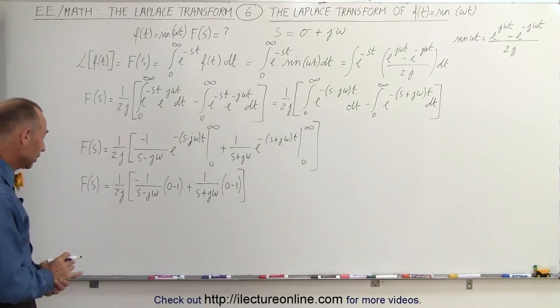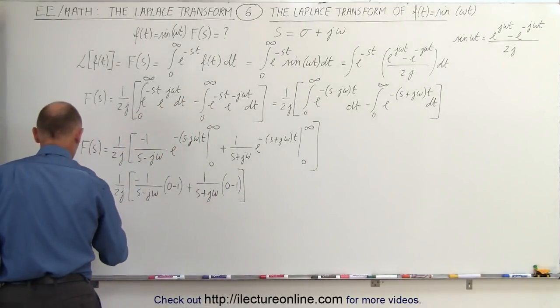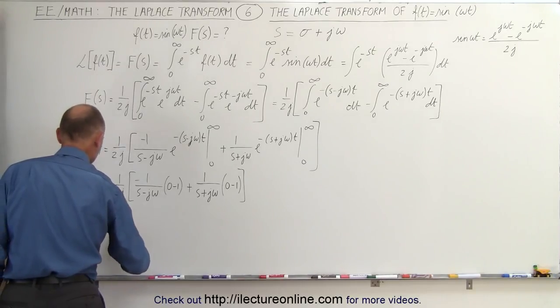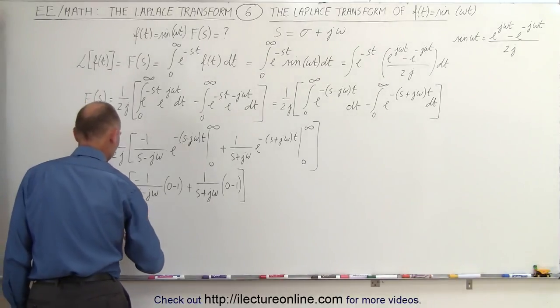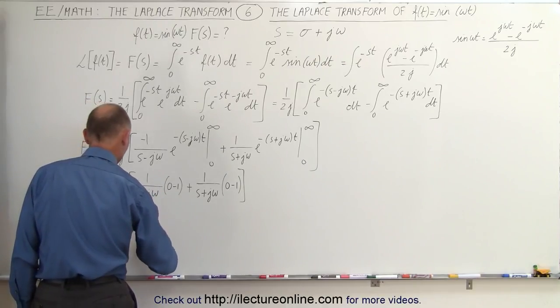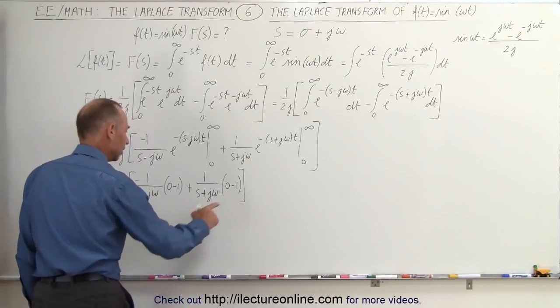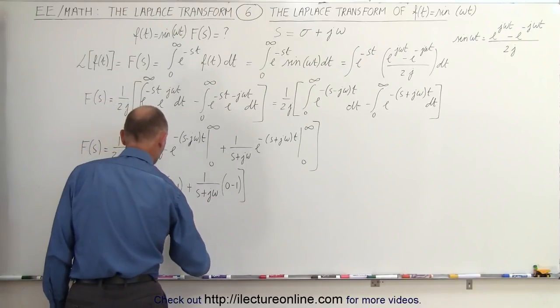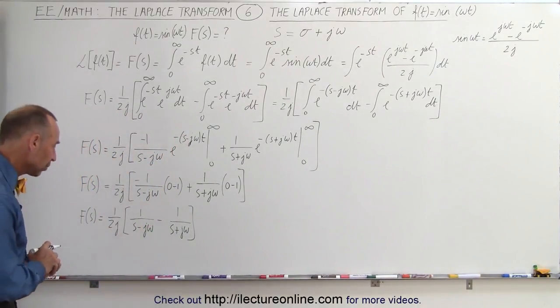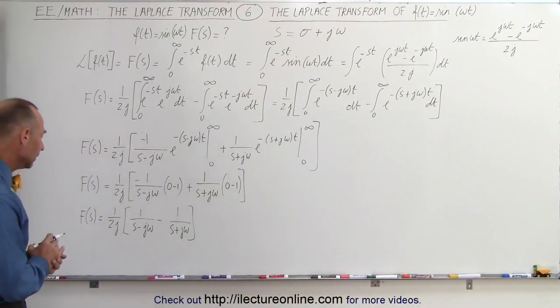Now we have to do some algebra. So simplifying this, we get the following. 1 over 2j times 1 over s minus j omega, and this will be minus 1 over s plus j omega. So now we have to combine those two fractions, which means we have to find the common denominator.